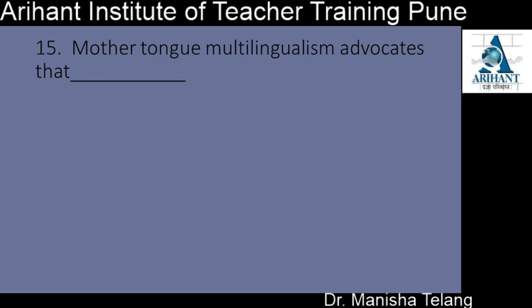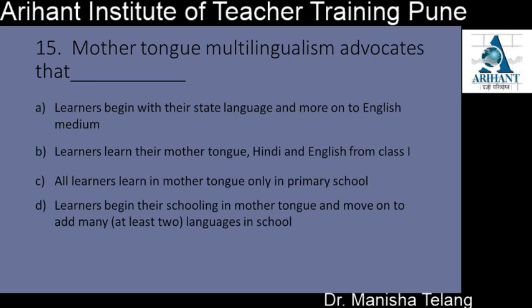Mother tongue multilingualism advocates that: option A, learners begin with their state language and move on to English medium. Option B, learners learn their mother tongue, Hindi and English from class 1. Option C, all learners learn in a mother tongue only in primary school.